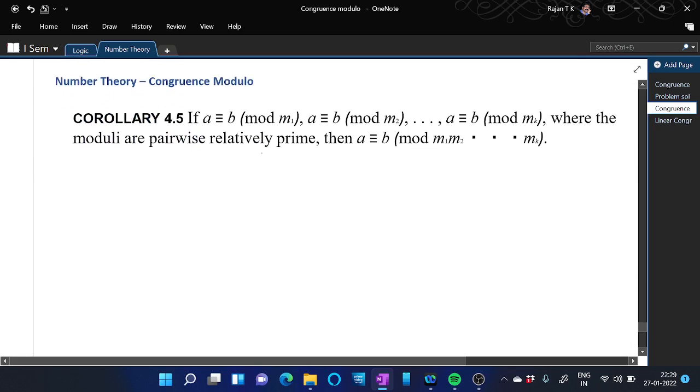Now there is a result that we can derive from this previous theorem. If A is congruent to B mod M1, A is congruent to B mod M2, etc., A is congruent to B mod Mk, where the moduli are pairwise relatively prime, then A is congruent to B mod the product of M1, M2, etc., Mk.